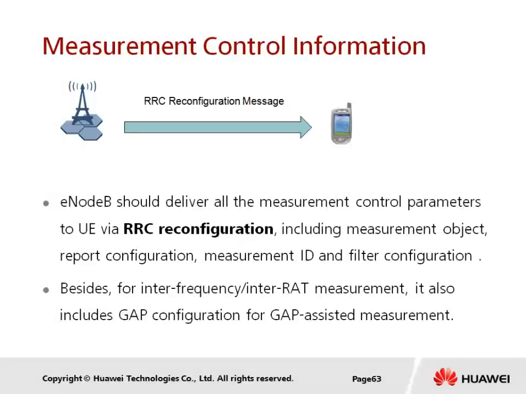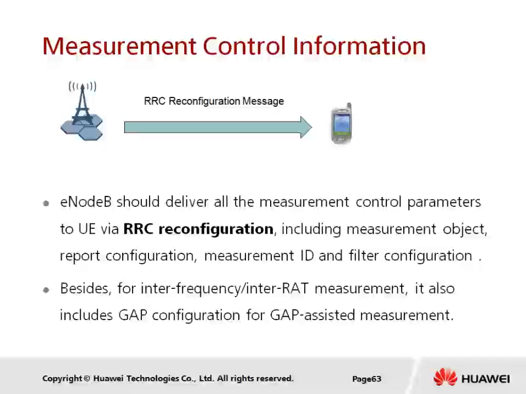This message includes the measurement configuration, which includes measurement object, report configuration, measurement ID, and filter coefficient configuration. If the measurement configuration is meant for inter-frequency or IRAT measurement, then there is one additional piece of information, which is the measurement gap configuration. That is for gap-assisted measurement.